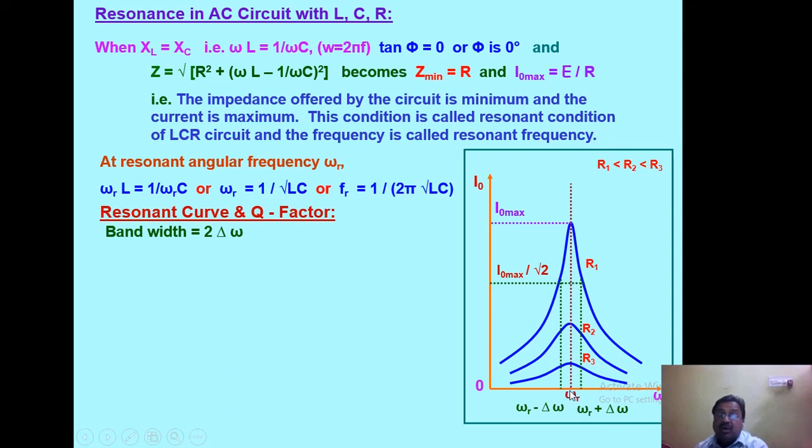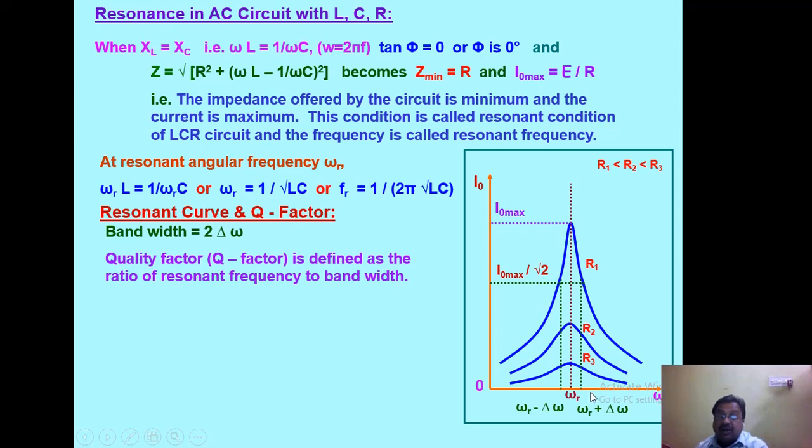Those frequencies are called sideband frequencies, corresponding to this point and this point. To the left side of omega r, the frequency corresponding to this point will be omega r minus del omega, meaning this particular width. The gap between the green dotted line and the pink dotted line is del omega.